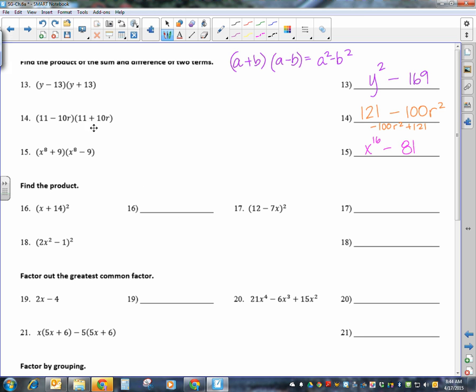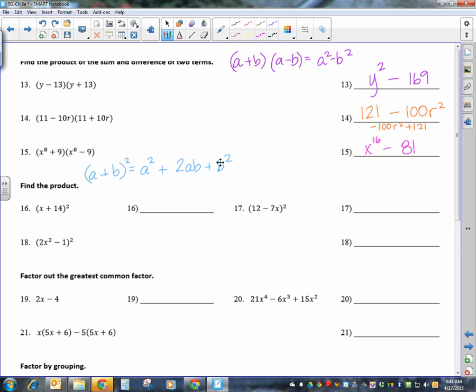Our product here, okay, these are all binomials squared, which take this pattern, a plus b quantity squared, and that is you square the first term. You always take the same sign that you have here. You take 2 times the product of the terms, okay? And then you square the last term.